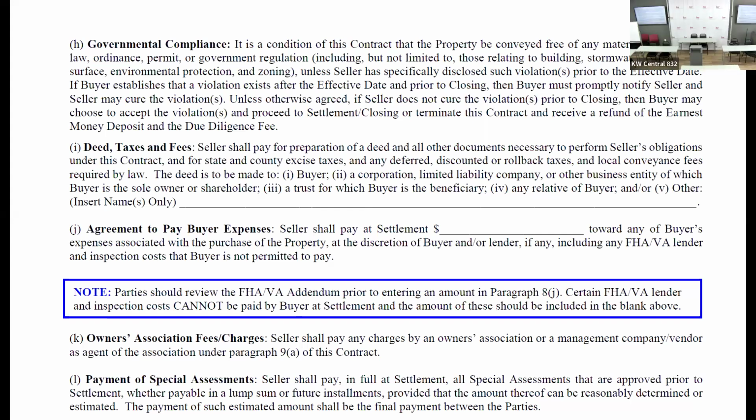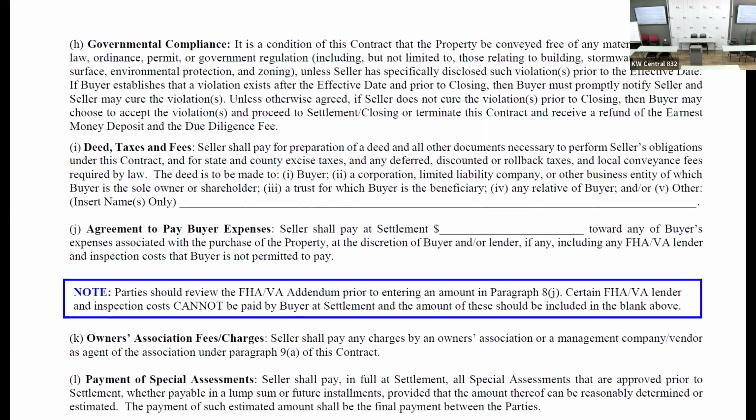It addresses assignment. This is where you would put it if you were assigning it. Buyers have to put their name only on page 1, but it's going to be deeded to both of them. What if at some point they were going to put it in a trust, but the trust wasn't ready yet?